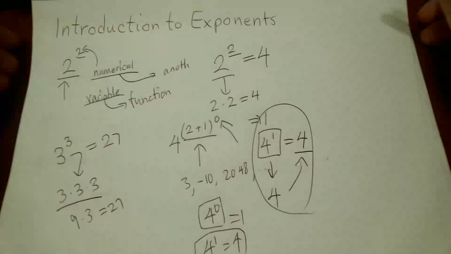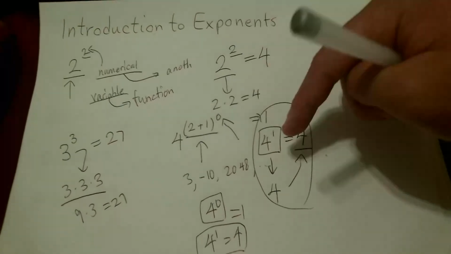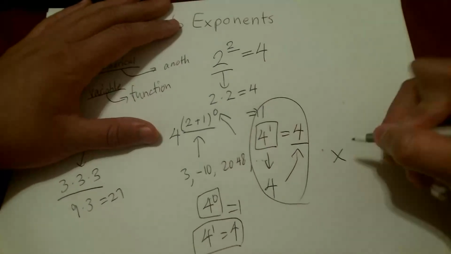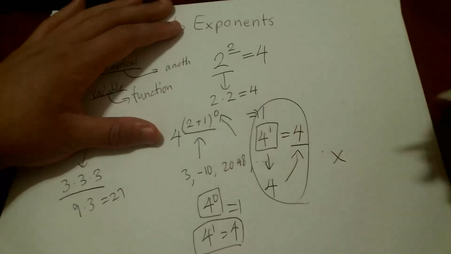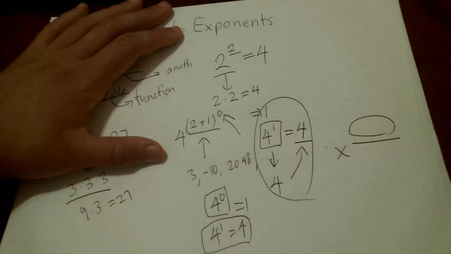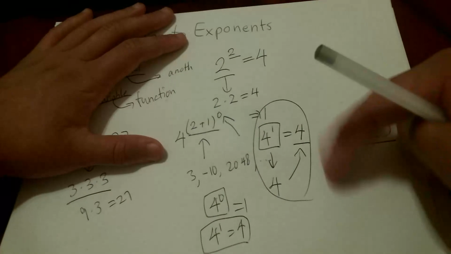And sometimes if you have an exponent up in the, so if you had x, this is just a number here, and the exponent is something, you would first have to solve this exponent before you can actually solve this entire expression.